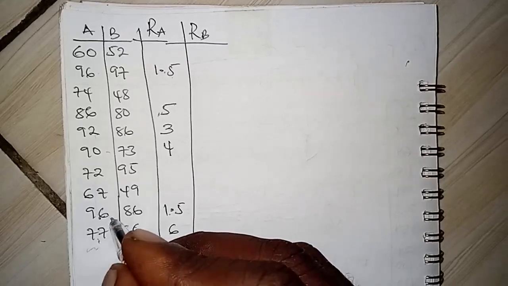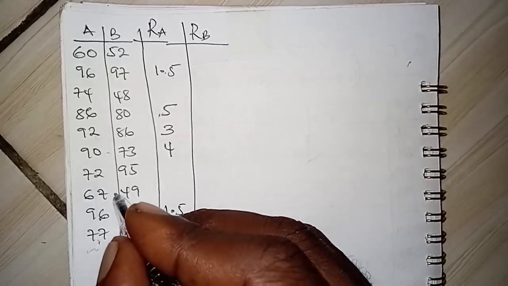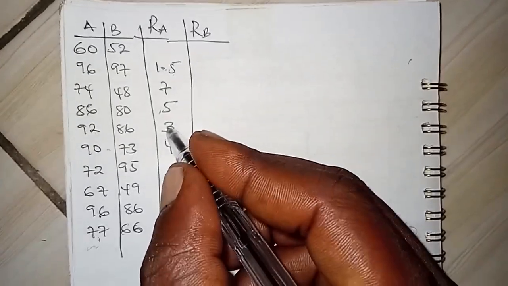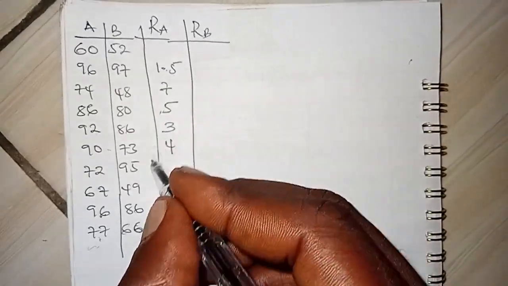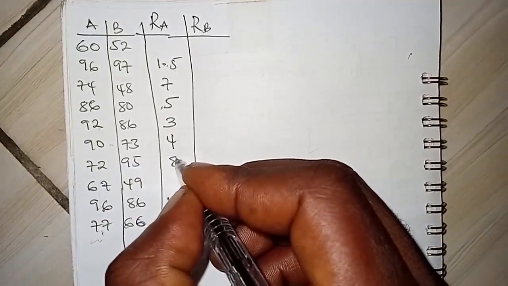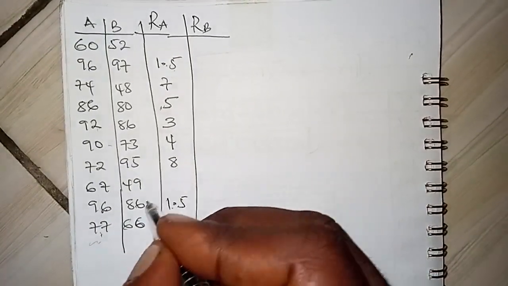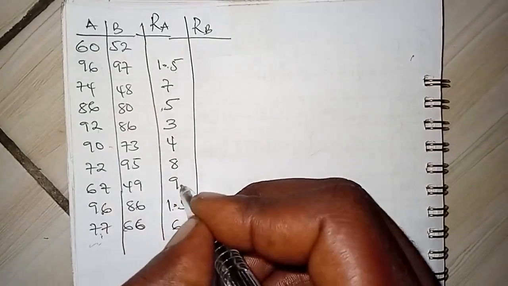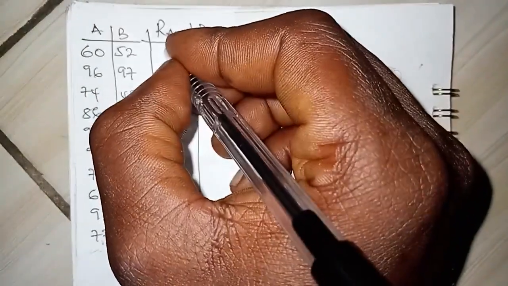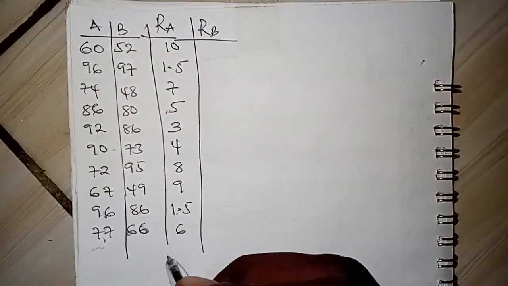The next one is 74. We give it 7. Then the next one is 72. We give it 8. Then the next one is 67. We give it 9. Then the next one is 60. We give it 10. So that's the 10 rankings.